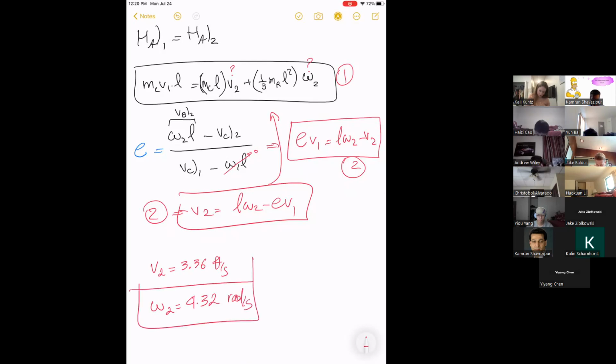These are the two numbers you need to have. Let me know if you've got the same numbers.